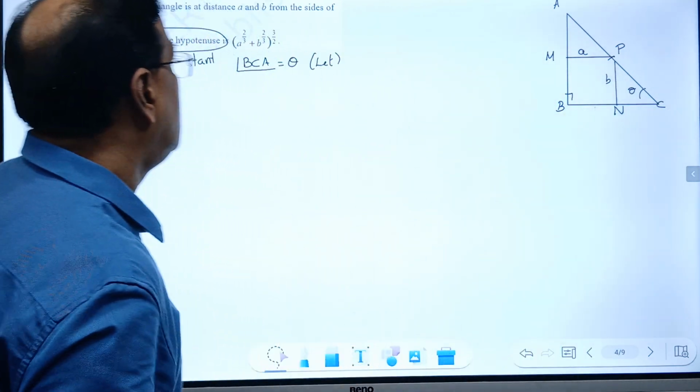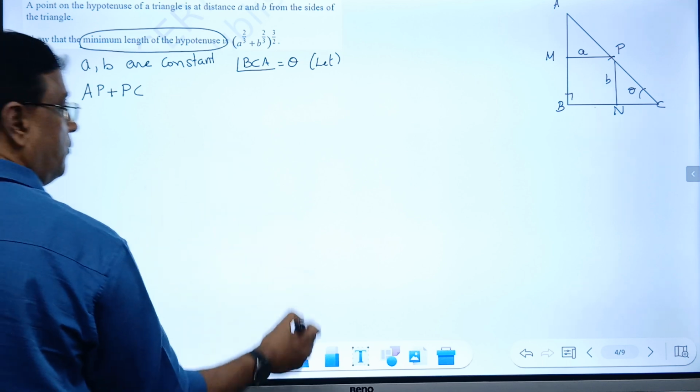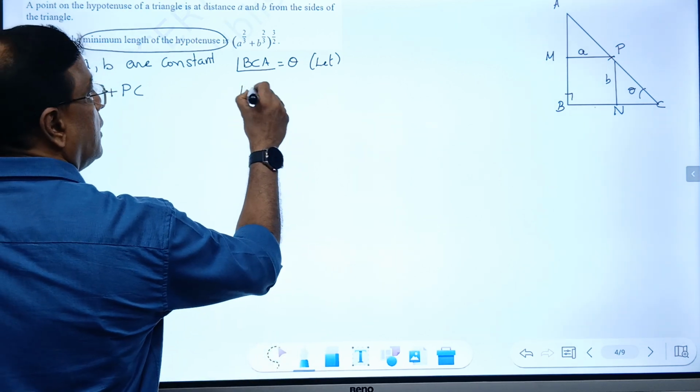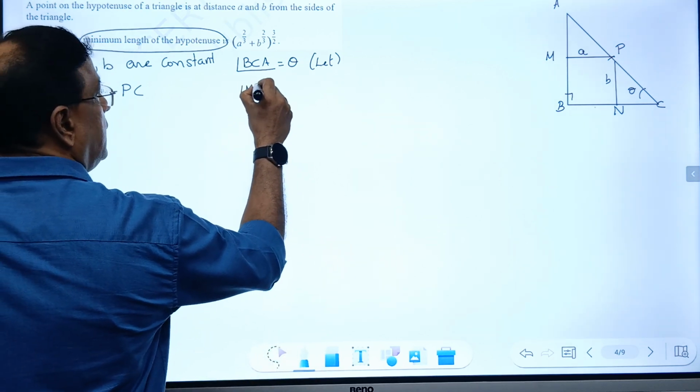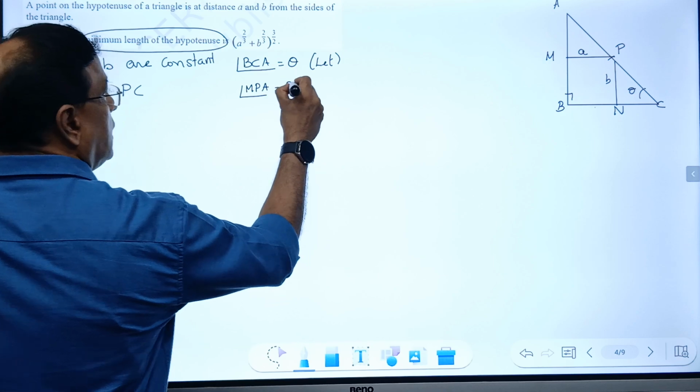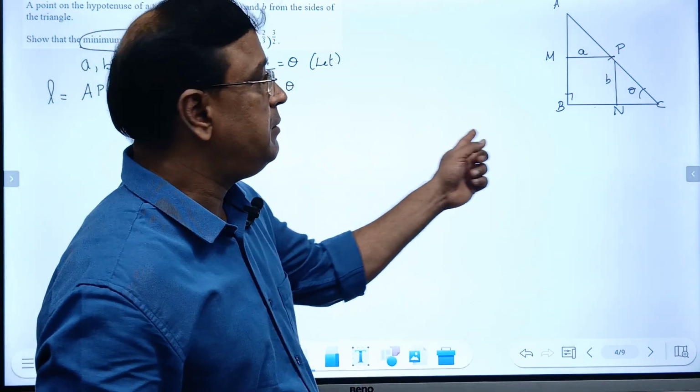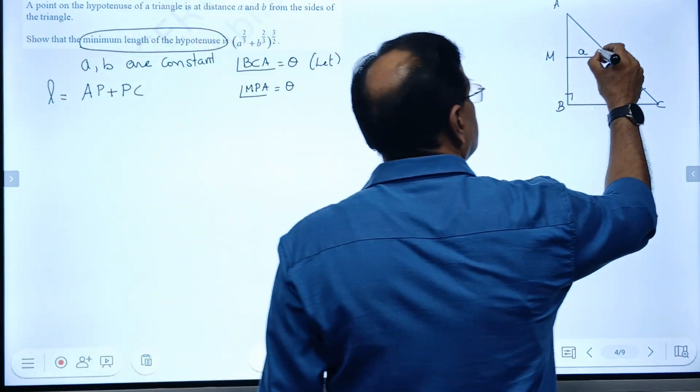Now, obviously, angle MPA will also be theta. Why? Because MP and BC are parallel. So this is also theta.